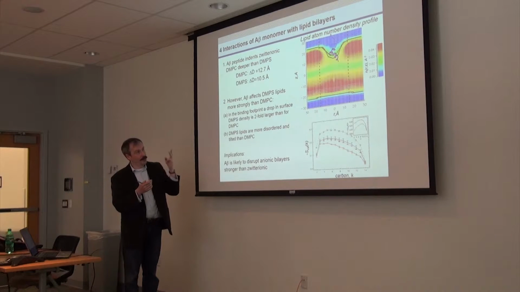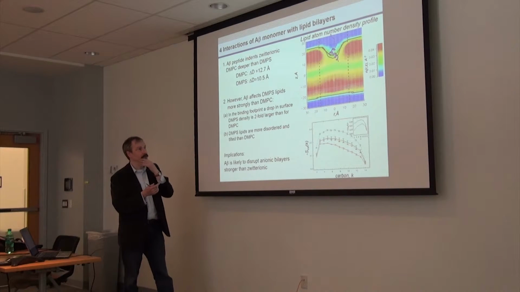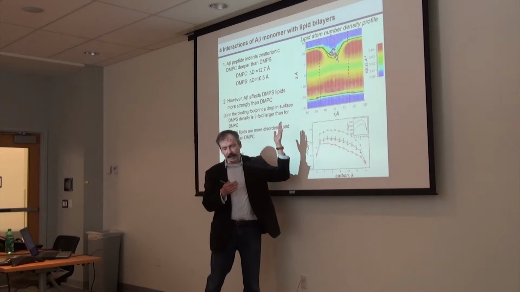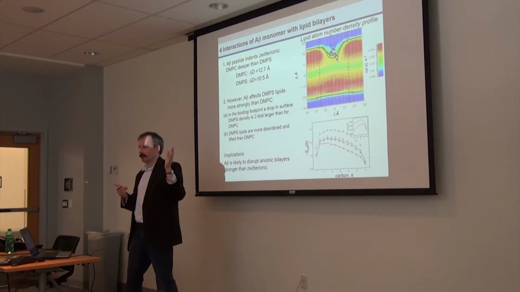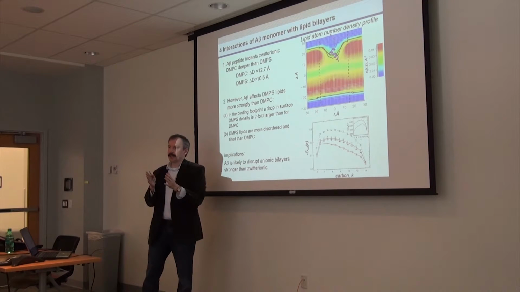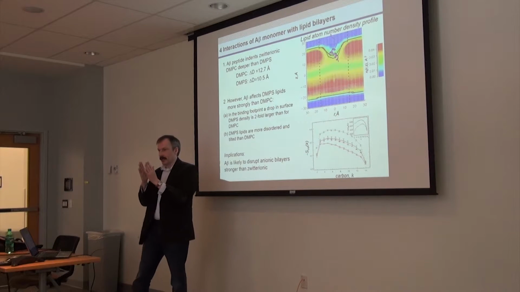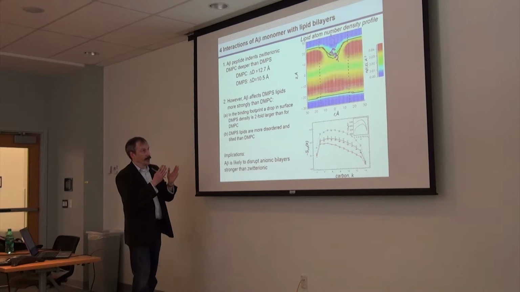But there are also two other differences between these two types of lipids. First of all, when considering the surface density of the lipids, normally DMPS is far denser. It's a far denser lipid bilayer. The area per lipid is smaller, and the number density of lipids is larger.